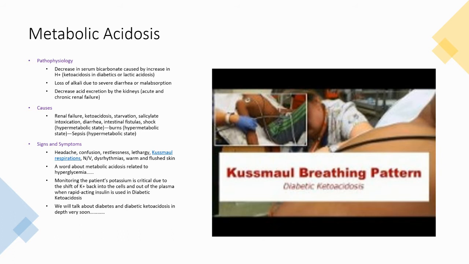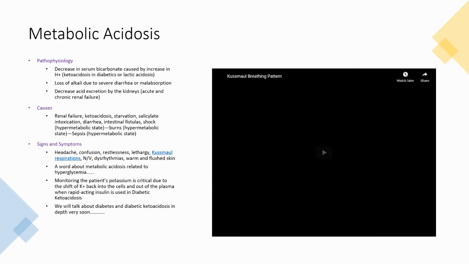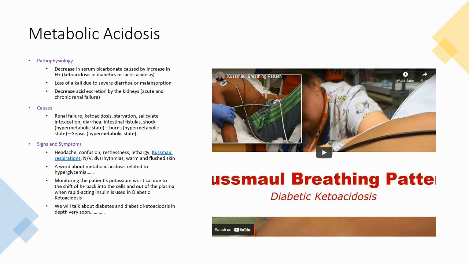Metabolic acidosis: the pathophysiology behind that is we have this decrease in serum bicarbonate caused by an increase in hydrogen. We have a loss of the alkali, or the bicarbonate, due to maybe severe diarrhea or maybe malabsorption in the GI tract itself, or the kidneys might be involved, such as with decreased acid excretion by the kidneys.